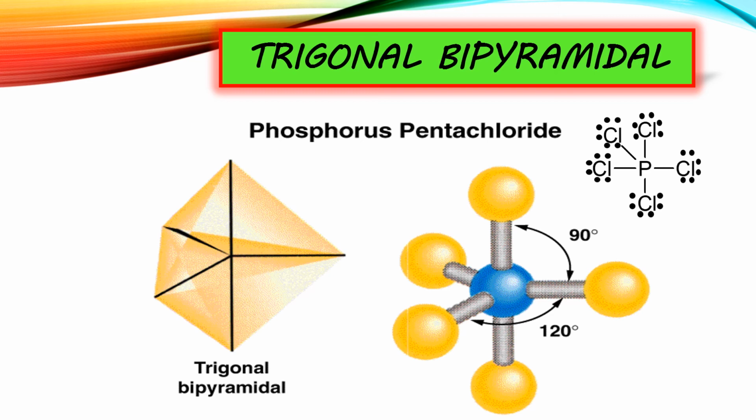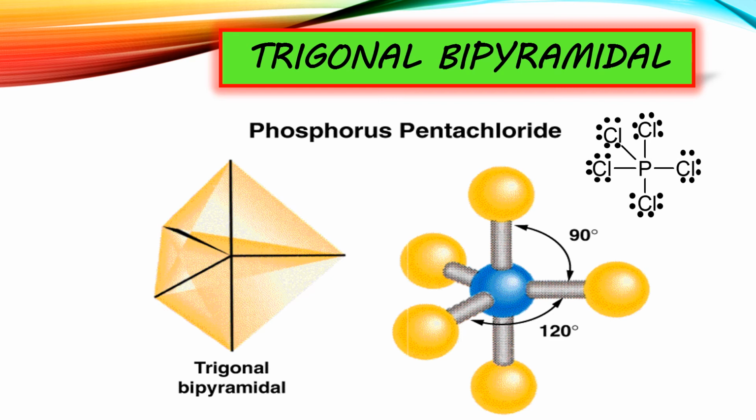There are two bond angles for trigonal bipyramidal, which are 90 degrees and 120 degrees. It is the only molecular geometry with two bond angles.